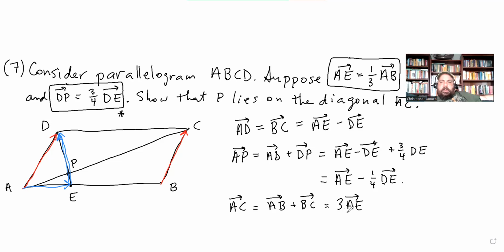And BC we said was AE minus DE. Whoops, this should be plus.